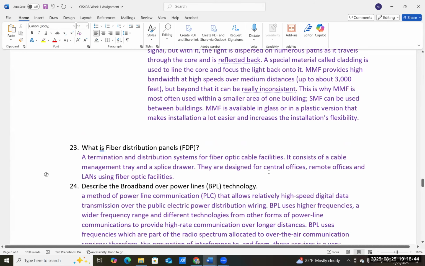So broadband over power lines, your BPL technology. This is for digital communication using electrical power. You tend to see this in rural areas and different parts of the world where they're still relying on phone technology for dial-up or even DSL.